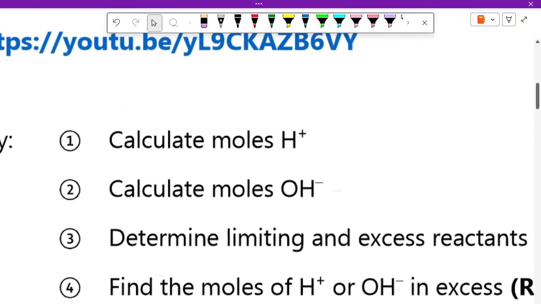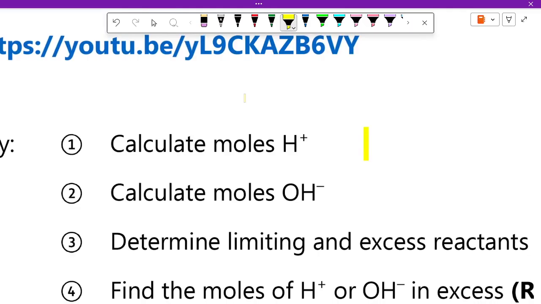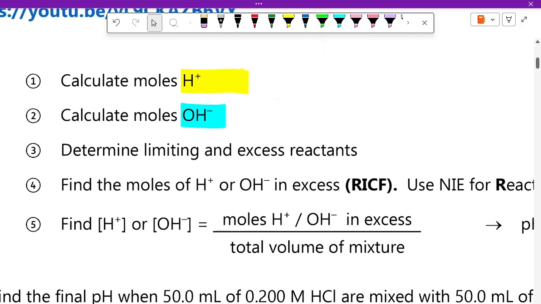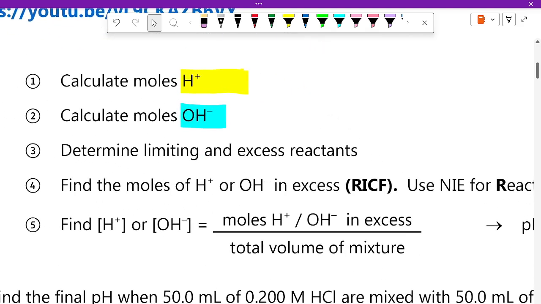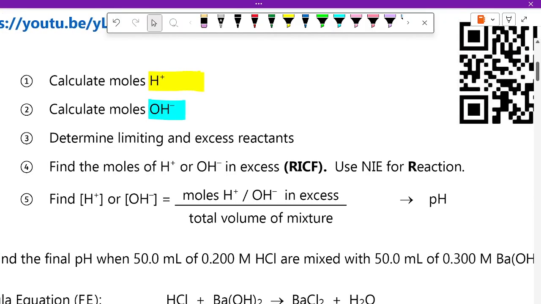But basically it's just you calculate your moles of hydrogen from your acid and you calculate your moles of hydroxide from your base. And then you determine who is the limiting reactant, who is the excess reactant. And then you check your moles of H and OH in excess using a RICFA table. Use the net ionic equation.